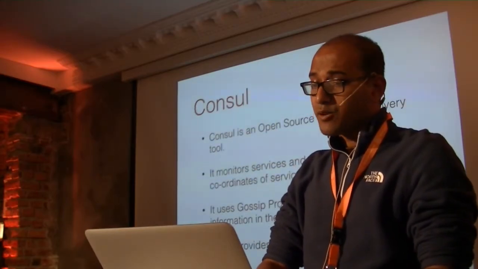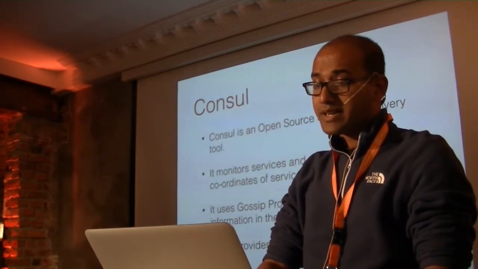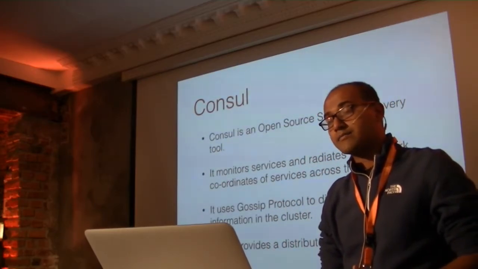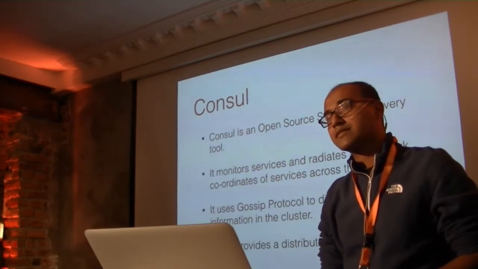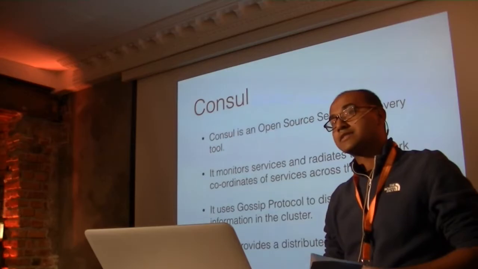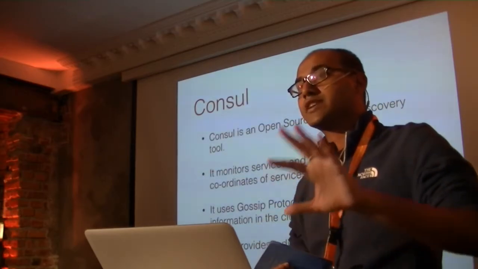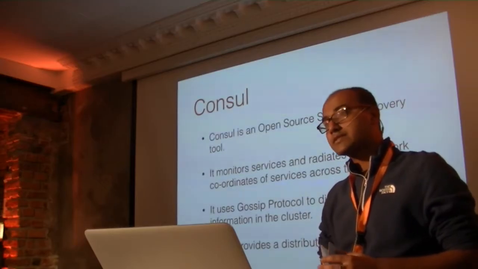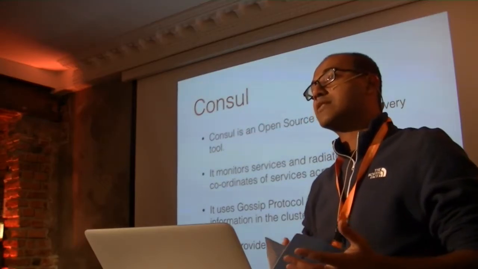So Consul is an open source service discovery tool. It not only registers and radiates the information of the network coordinates of a service, it can also do monitoring. This is different from traditional service discovery systems like Zookeeper, where you don't get monitoring.